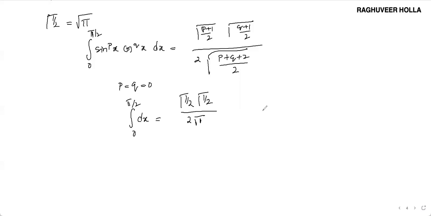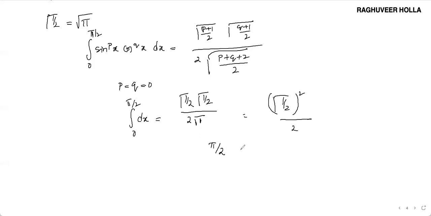Gamma 1 is 1, so this will be gamma 1 by 2 whole square by 2. On the left hand side you get pi by 2.